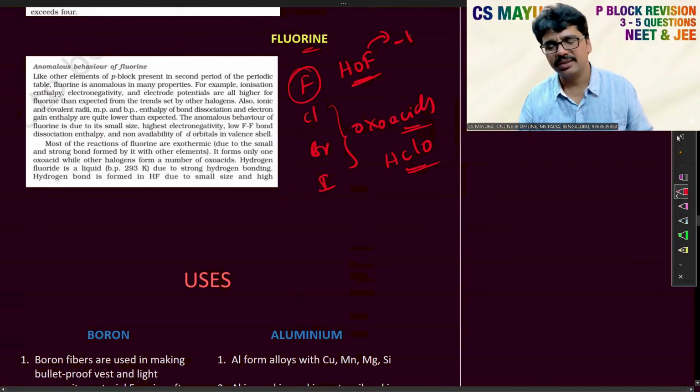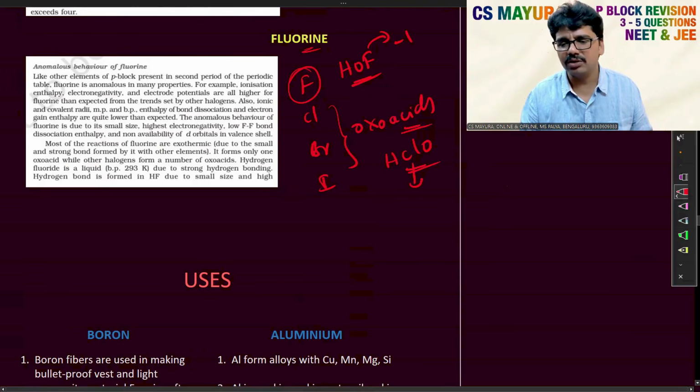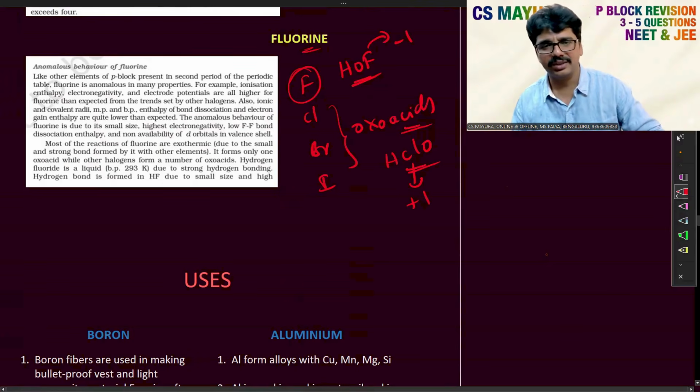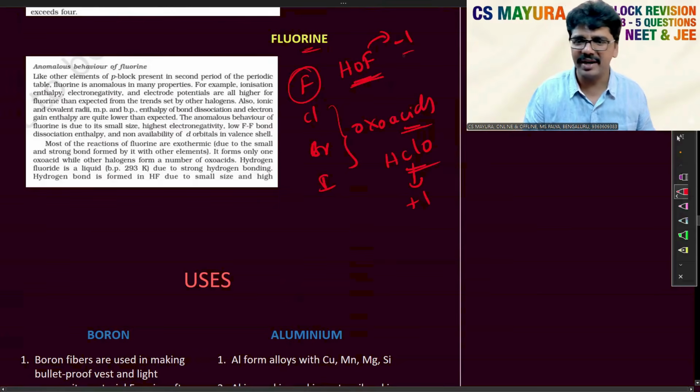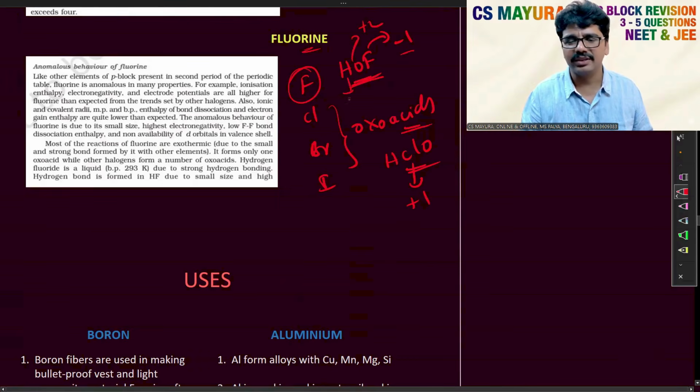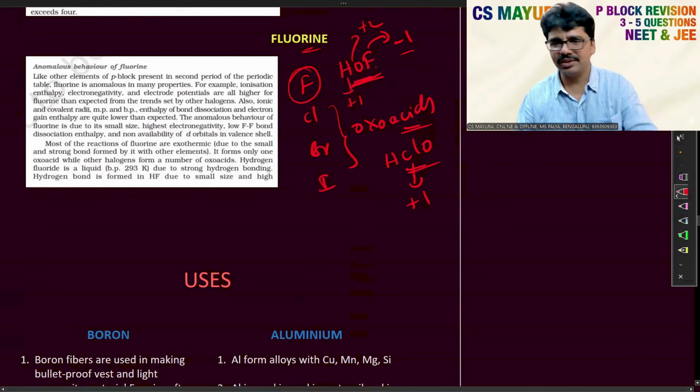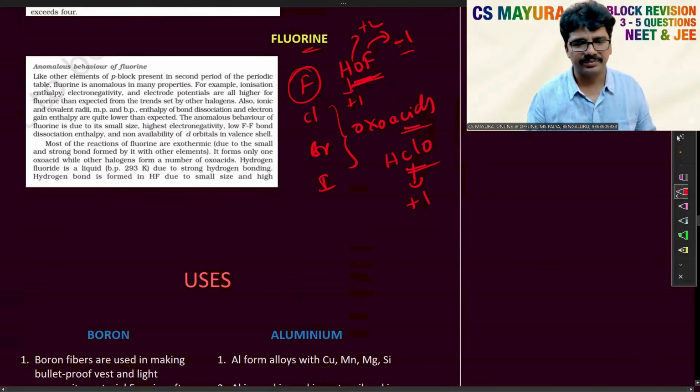Remember, it is not +1, it is -1. But in HClO, chlorine oxidation state is +1. In the oxoacids of halogens, halogen shows positive oxidation state. But in HOF, fluorine does not have positive oxidation state, it is -1 only. Accordingly, oxygen is 0 and hydrogen is +1. So in JD it is mentioned that fluorine oxidation state is -1 only, right?